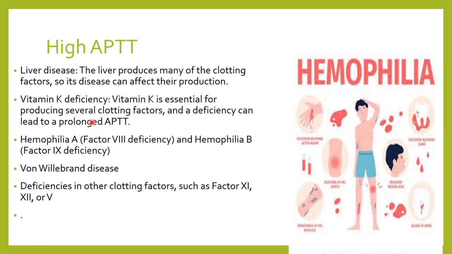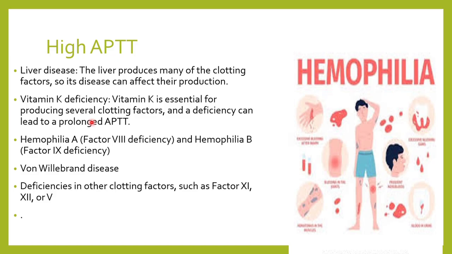Hemophilia. Hemophilia A and hemophilia B. Hemophilia A is factor 8 deficiency and hemophilia B is factor 9 deficiency, both of which are involved in your intrinsic pathway. So APTT will be increased. Von Willebrand's disease. If you are having deficiency of clotting factor 11, 12, 5, all these can also increase your APTT.